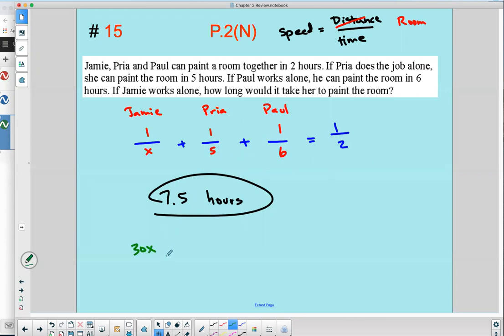So this is how you'd solve this problem: you'd say 30x times 1 over x plus 30x times 1 over 5 plus 30x times 1 over 6 equals 30x times 1 over 2.